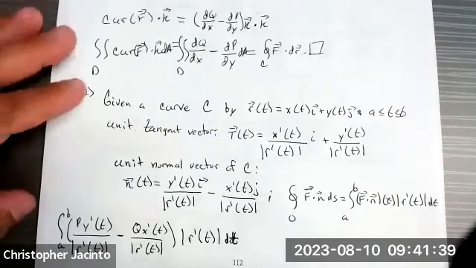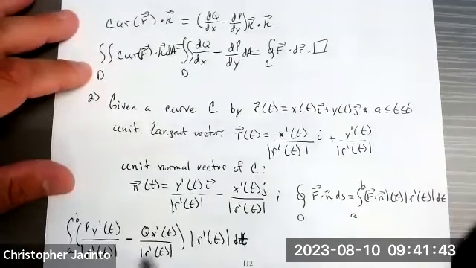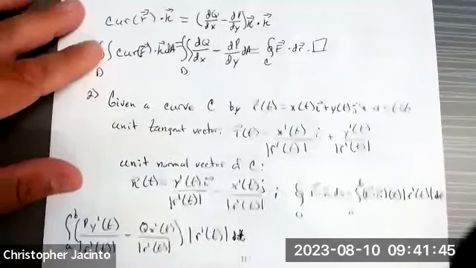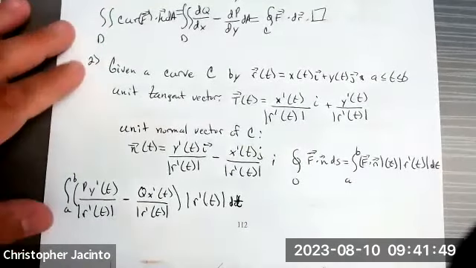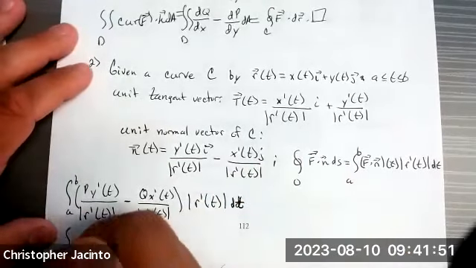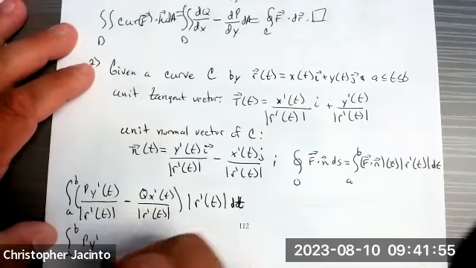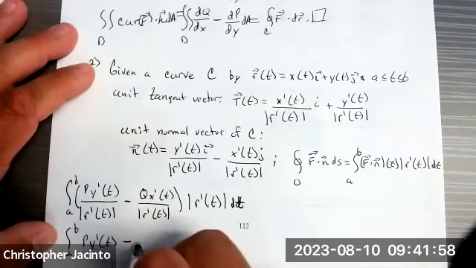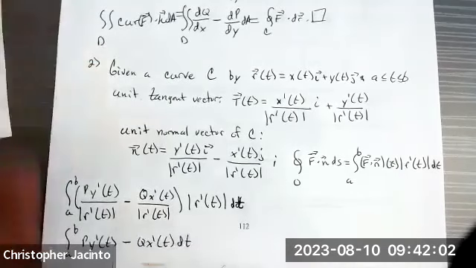Okay. Now, you guys all agree these cancel, right? Because if I distribute this to each one, the lengths of r prime cancel out completely. And we're just left with the integral from A to B of P y prime minus Q x prime.